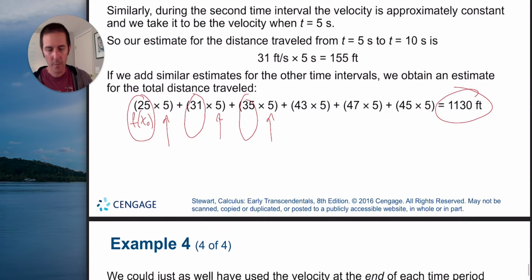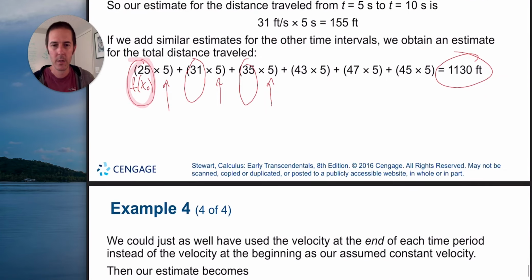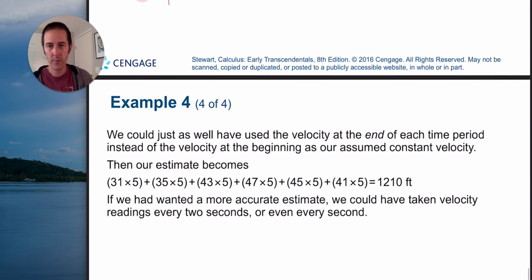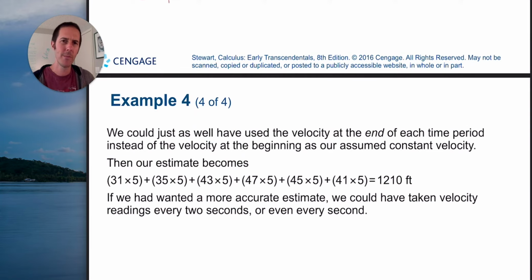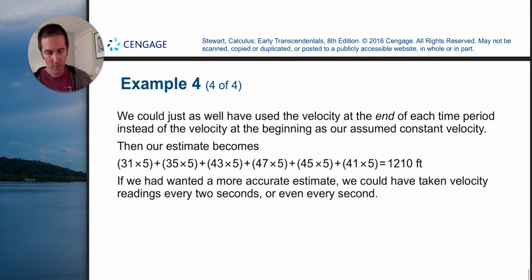Instead of starting out by using f of x sub 0, which was the 25, we could have said, 25, 31, those are the same. Not really, but let's just pretend. So instead, let's start out by using that y value of 31. And remember that that's actually f of x sub 1.